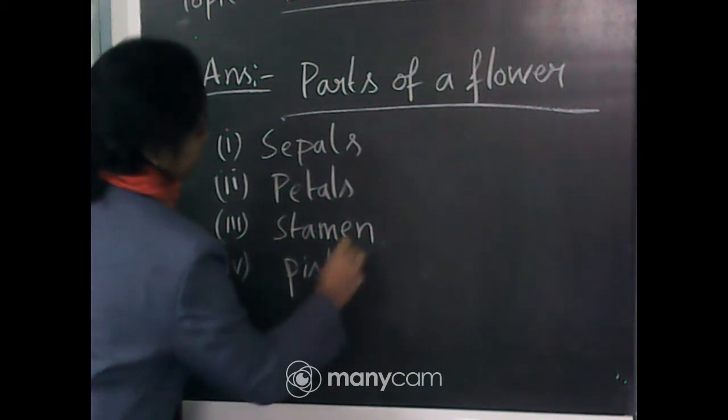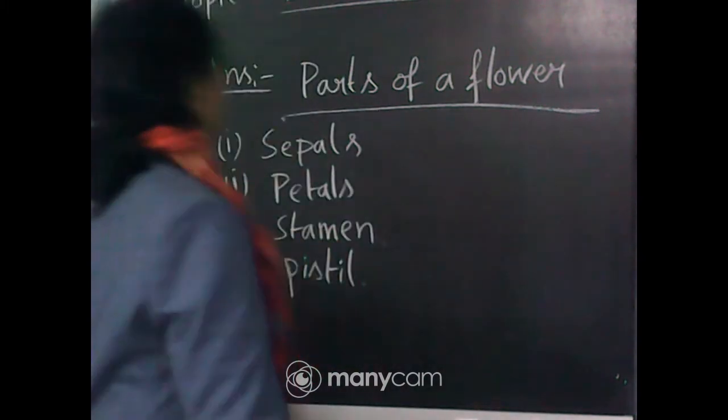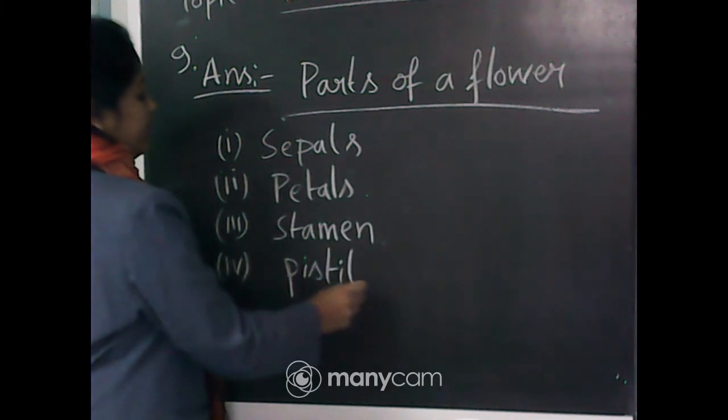You know that the flower is the reproductive organ in flowering plants, and these are the main parts of a flower: sepals, petals, stamens and pistil.